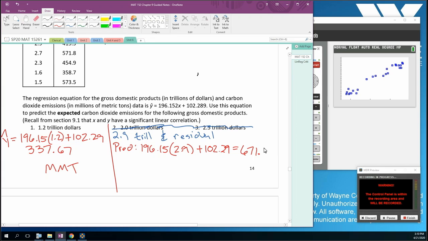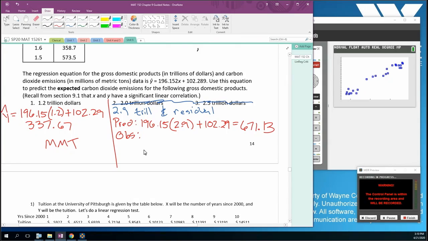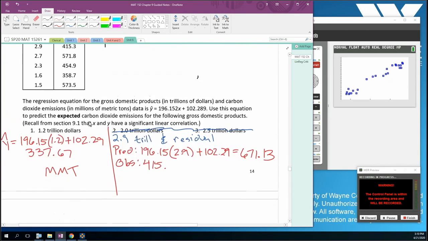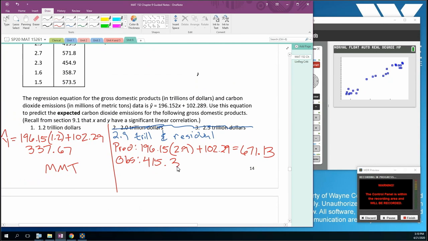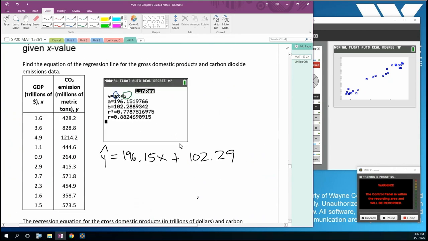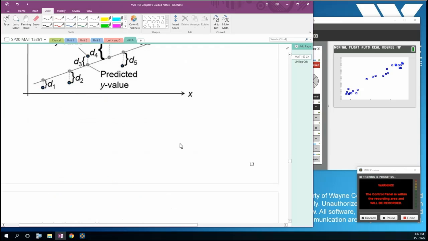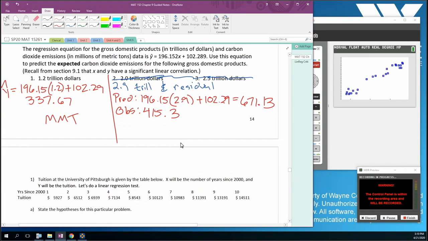Now, the actual, or observed, amount was 415.3. If you remember, residual is the observed minus the predicted.